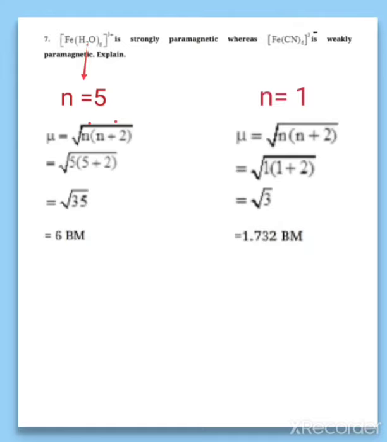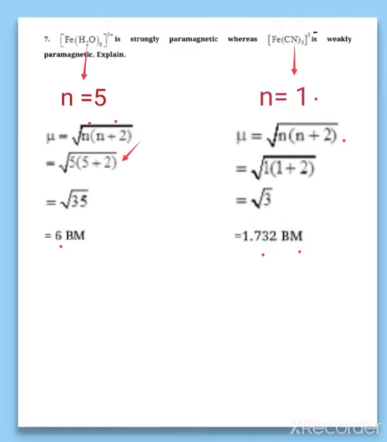When we put the value of n here, we get square root of 35, which is approximately 6. But in the case of the second complex, the value of n is 1. So when you put the values in the formula, we get approximately 1.7 BM. When you compare these, as the number of unpaired electrons is greater, we can say it is strongly paramagnetic.